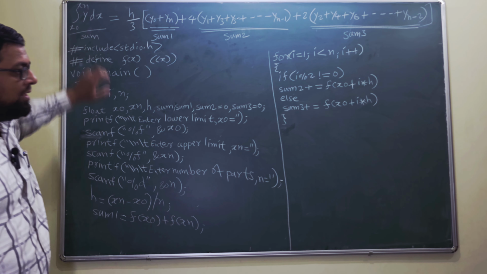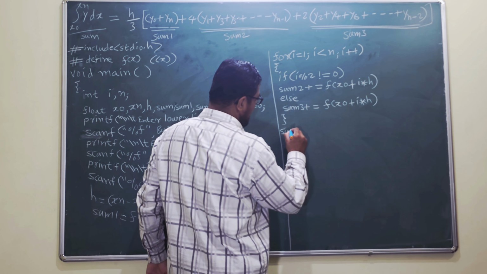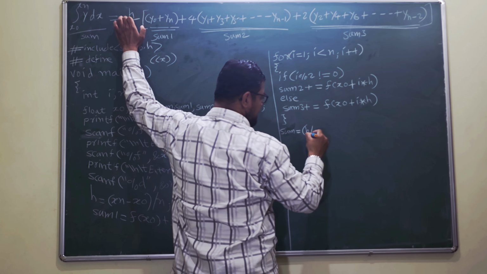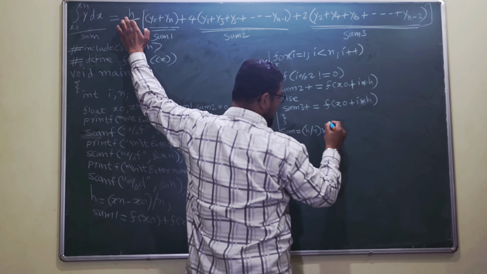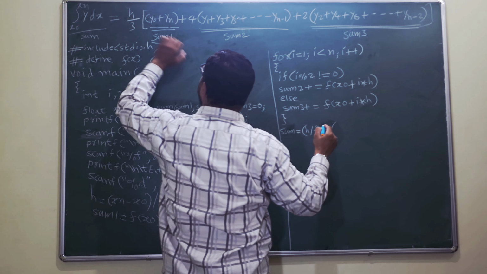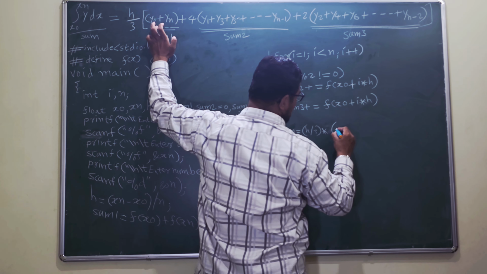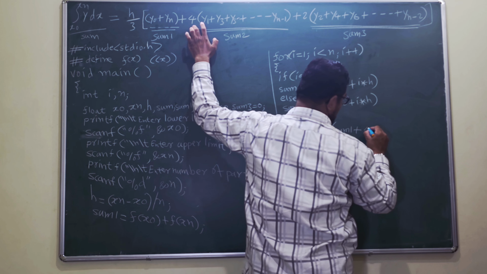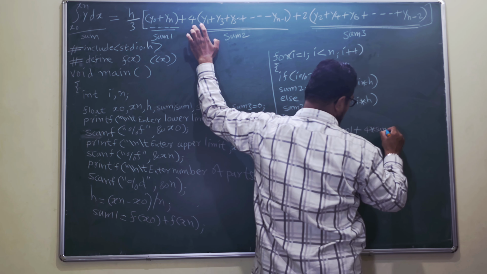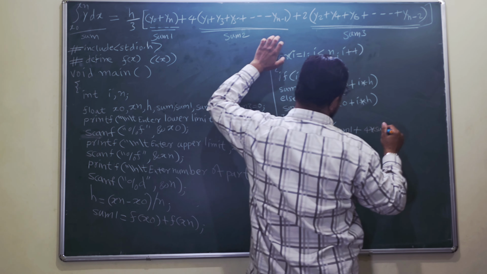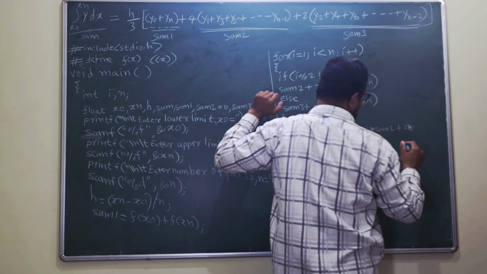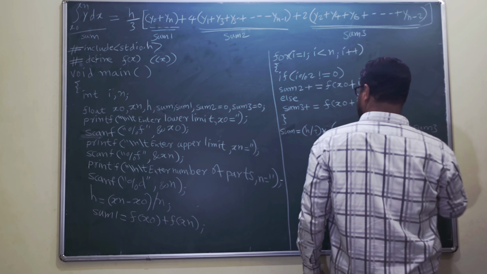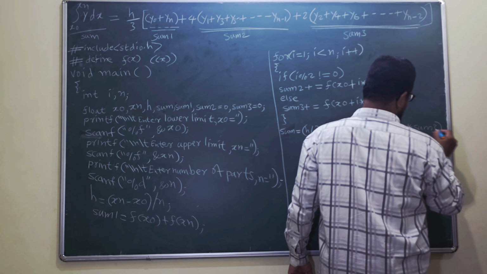So sum is equal to, we will apply the same formula over here: h by 3 star, the first one is sum1, plus 4 times sum2, and plus 2 times sum3. Yeah, that's all.